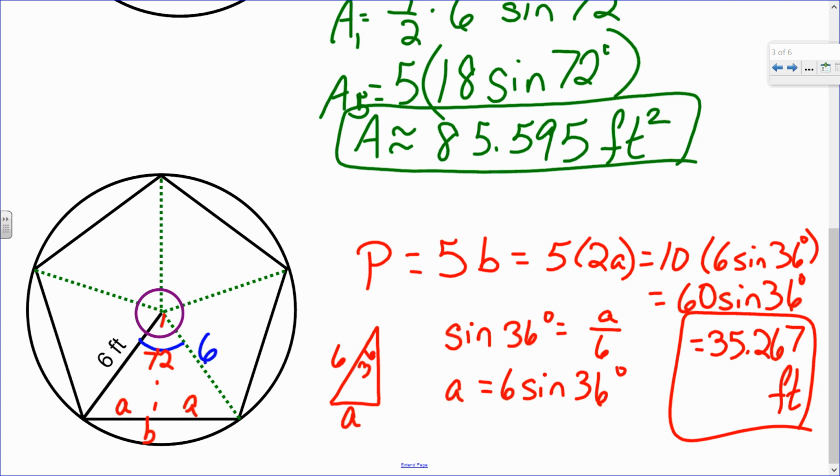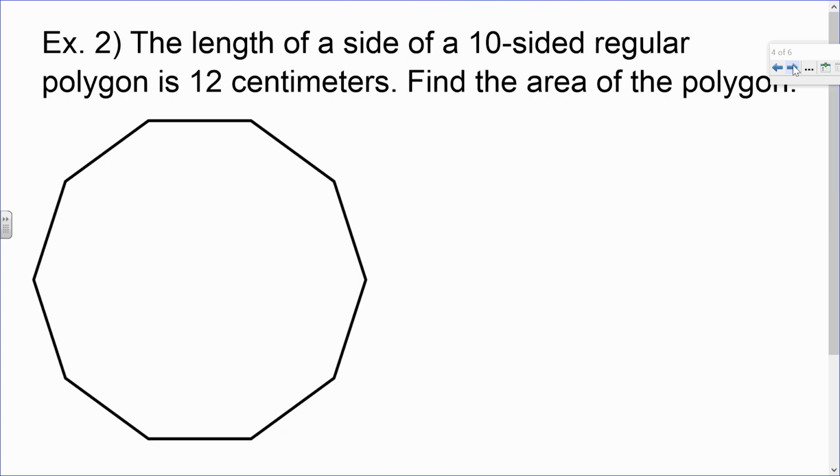Okay, I'm going to do a couple more of these examples. This time we have a decagon, 10 sides, and any one side is 12. We don't have to worry about an inscribed circle or anything on this one. The decagon is enough there.